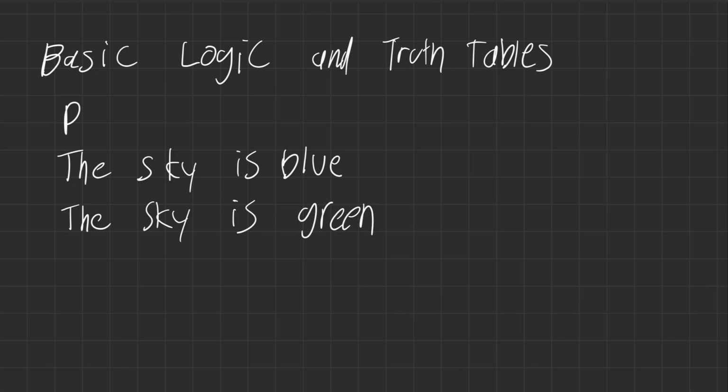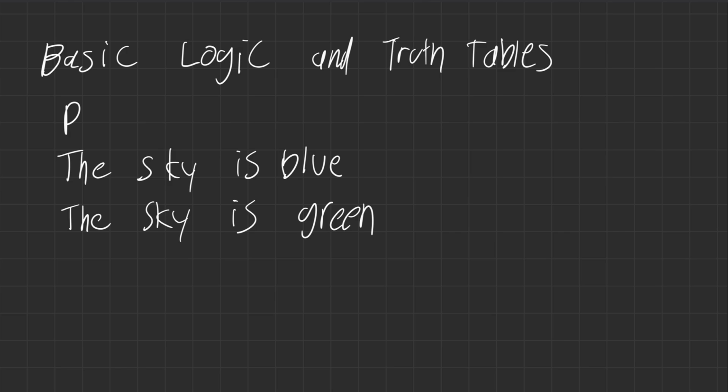Maybe it's pink. I've seen the sky pink, I've seen the sky orange. I've seen the sky in a lot of colors, but I'm not sure I've seen it green, or it's not supposed to be green, at least. But for the sake of argument, we'll go with these two very basic statements.